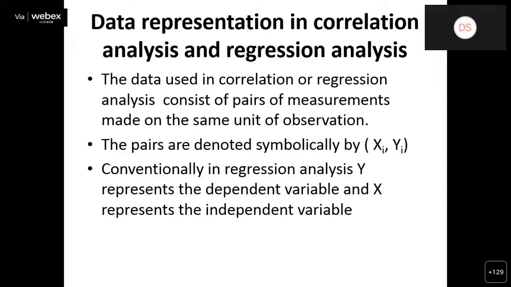Yi represents the number of visits, and xi represents the distance they are staying away. In the second example, xi represents the number of hours they spend studying, and yi represents the marks they get in the examination. But the data is always in the form of pairs. Conventionally, in regression analysis, y represents the dependent variable and x represents the independent variable.